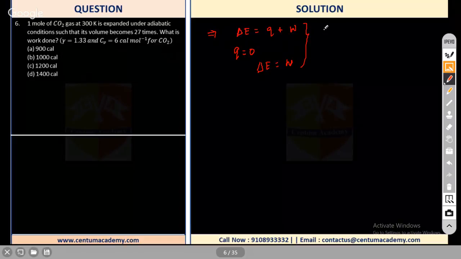In an adiabatic process, whenever expansion takes place, expansion takes place at the cost of its own internal energy.